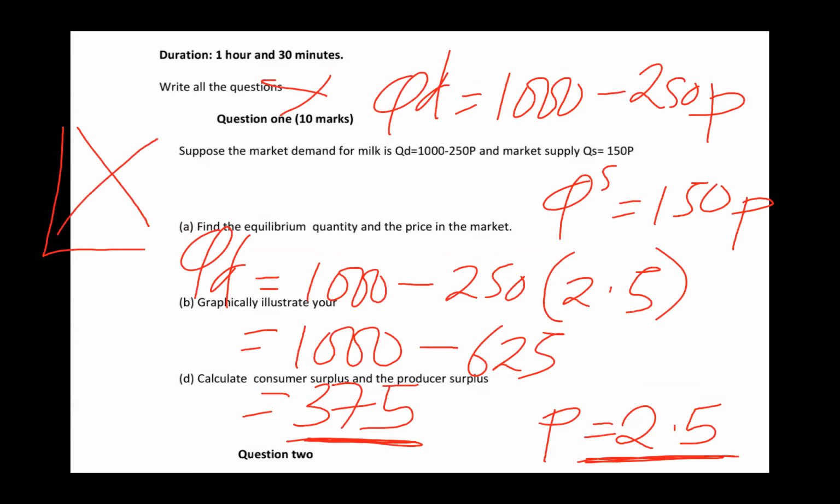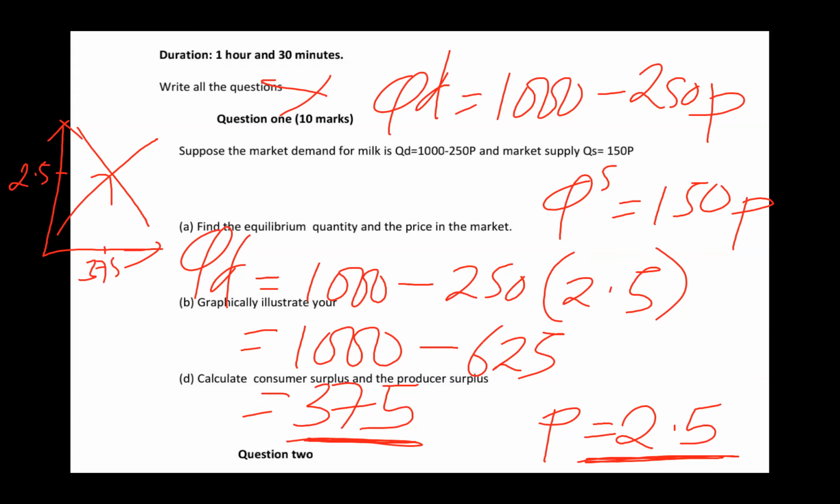This is the equilibrium in the market. There is always this price here, which is called the equilibrium price, and you've found 2.5. Then you have found 375 as the equilibrium quantity.